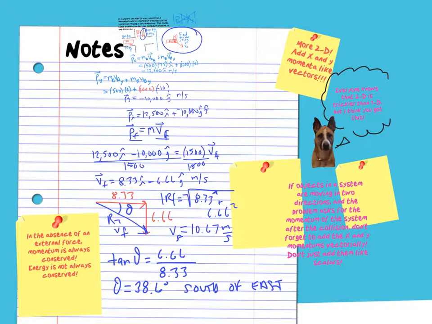If you have to find the velocity, you know that momentum is equal to mass times velocity. So you can put the values into an equation, divide by the mass, and get the velocity vector. You can find the magnitude of a vector by using the Pythagorean theorem, as we did over here. And you can find the direction by getting the angles using tangent. And that is that.